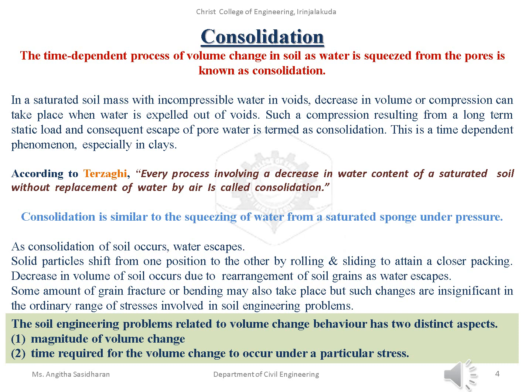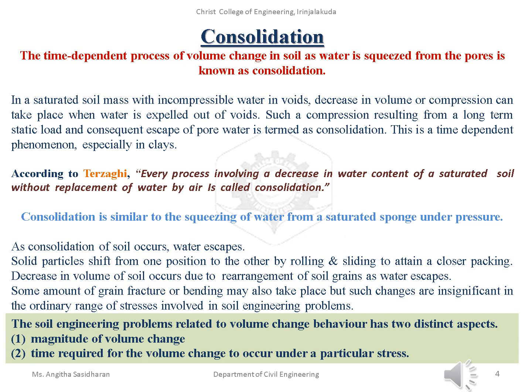So the time-dependent process of volume change in soil as water is squeezed from the pores is known as consolidation, and you can relate it to squeezing of water from a saturated sponge.